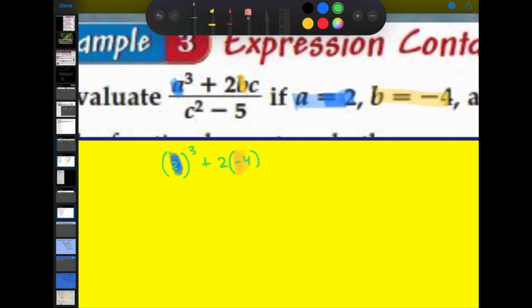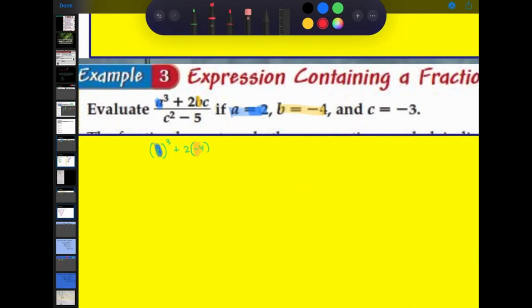Sorry. If you guys see in the top right, it says freeze, just let me know if that happens. And then our C value. What's our C value? Our C value is -3, and -3 squared.